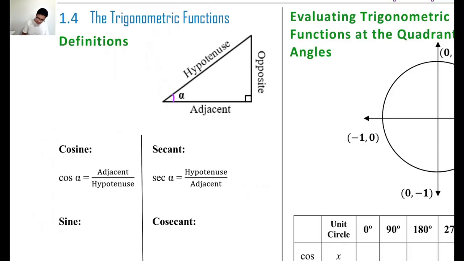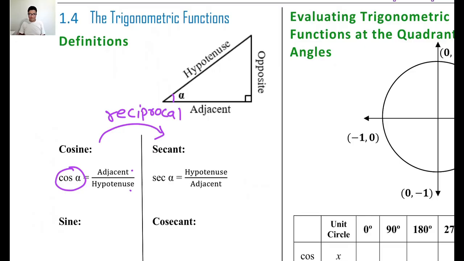Adjacent divided by hypotenuse is cosine, and in short we write cos. The full name is cosine of alpha, or we just say cos alpha, adjacent over hypotenuse. Similarly, the reciprocal now. From here to here, the relation is reciprocal.